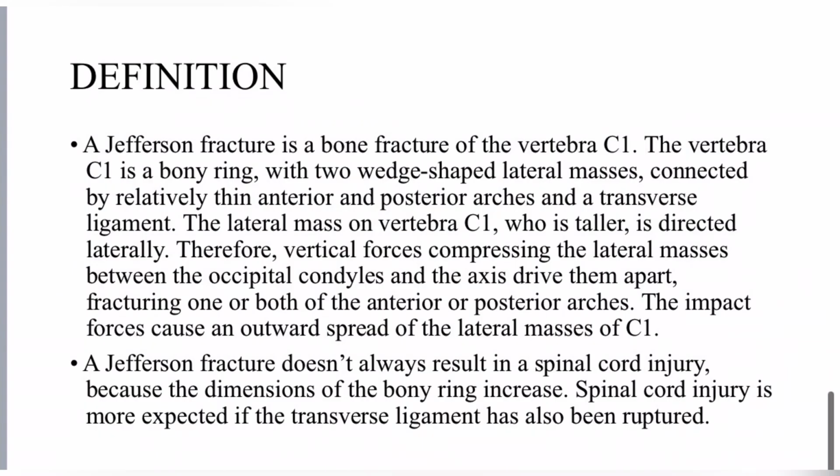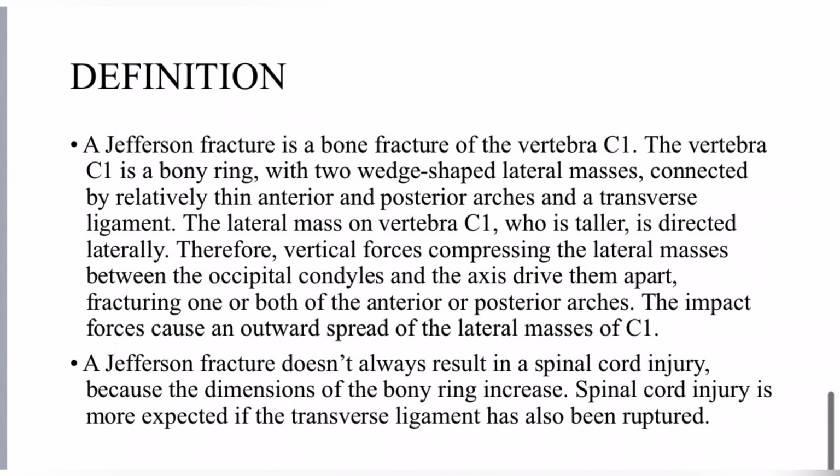The vertebra is a bony ring with two wedge-shaped lateral masses connected by relatively thin anterior and posterior arches and a transverse ligament. The lateral mass on vertebra C1, which is taller, is directed laterally.